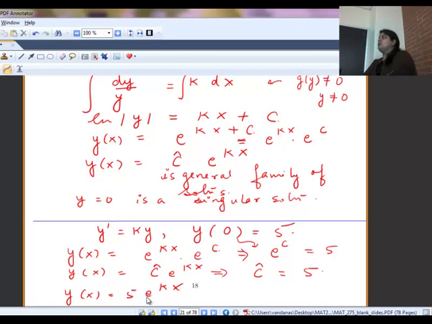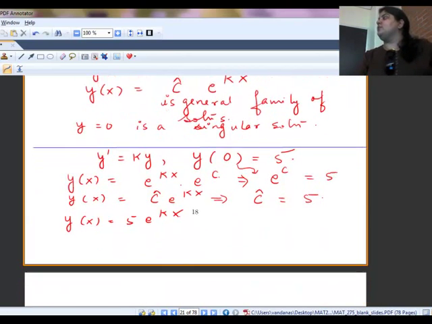Eventually you will get a unique solution if you are given an initial condition. So whatever form you place your solution in doesn't matter too much. What matters is the initial condition. Okay, so so far we figured out that an initial condition will give you a unique solution.